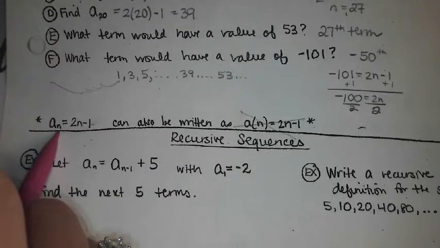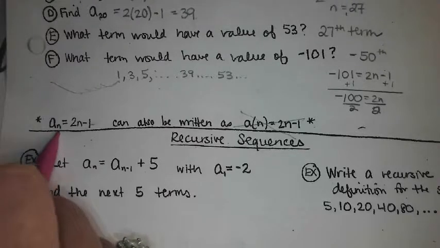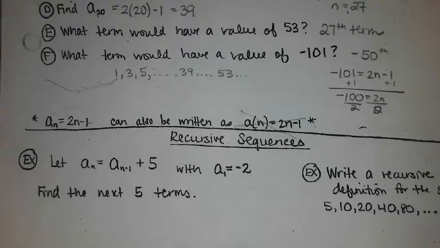That n that tells you which term you're on, that's a subscript, as opposed to an exponent, which is a superscript. Have you ever heard those two words before? An exponent is like a superscript. This is a subscript, because it's obviously written smaller and below. Kind of like in log notation. Our base of the log is a subscript.